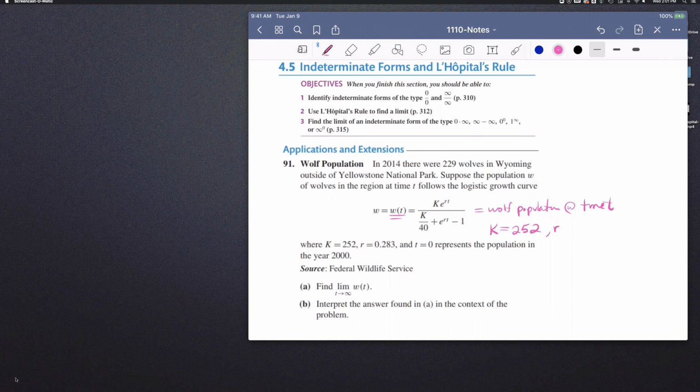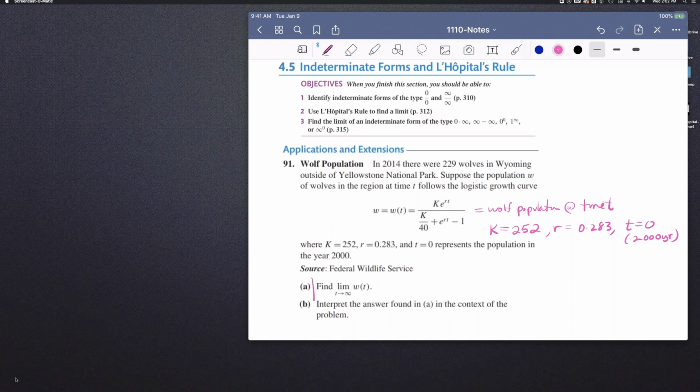There's also a parameter r, which is 0.283, and time t equals 0 represents the population in the year 2000. So t equals 0 is essentially the year 2000. We are being asked to compute this limit.